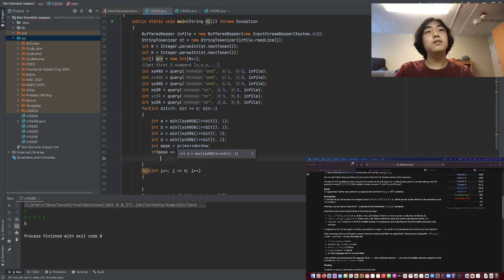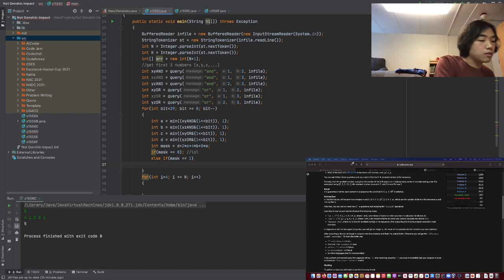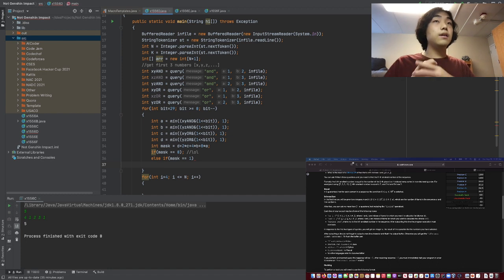If mask is equal to 0, then it's whatever. Else if mask is equal to 1, then this case is handled. If it's this case, then we know that C has a value, or I guess array of 3.